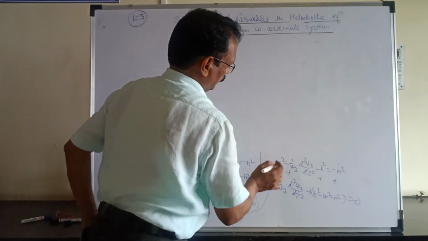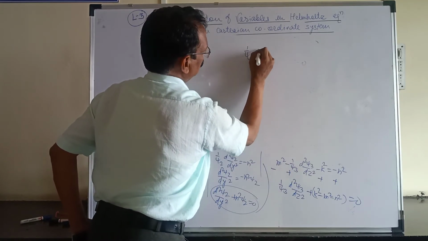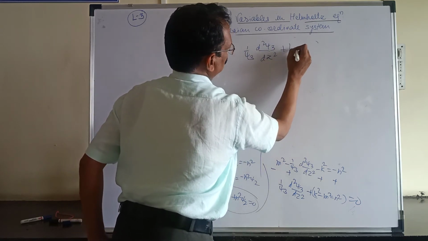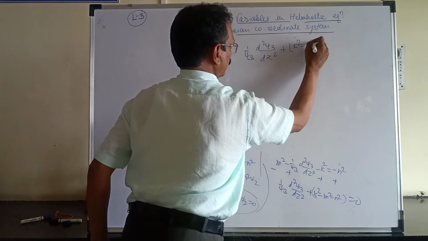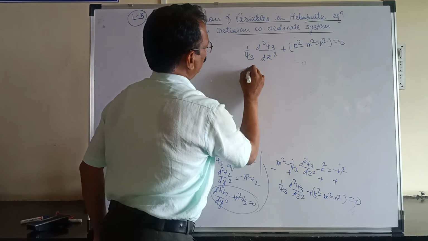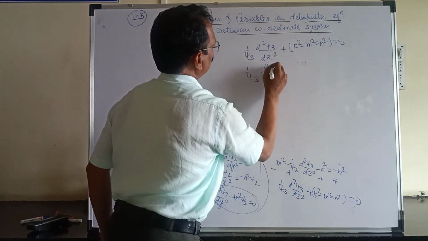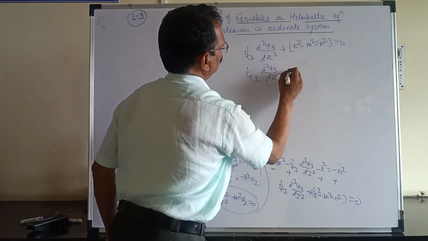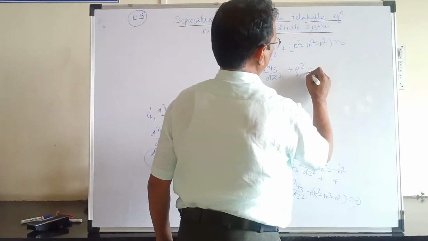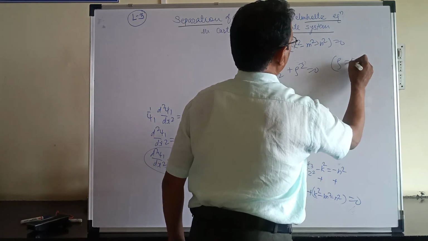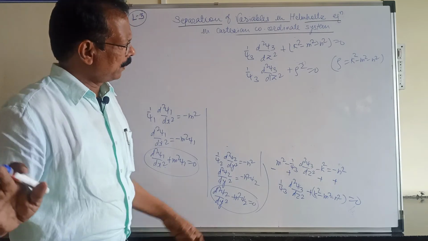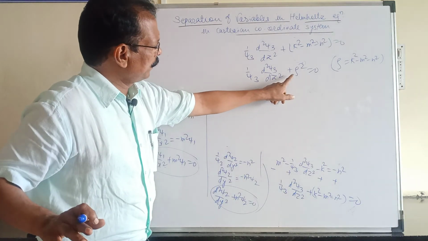Now this term is nothing but (1/ψ3)(d²ψ3/dz²) + k² - m² - n² = 0. Okay, so we can write (1/ψ3)(d²ψ3/dz²) = -ρ², where ρ² = k² - m² - n², any constant here.